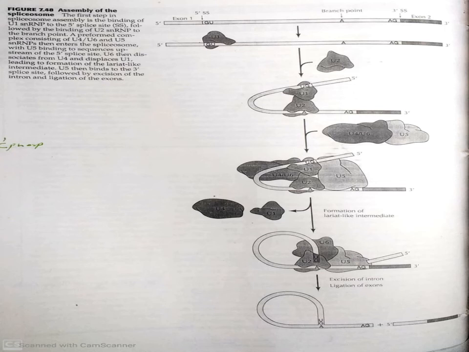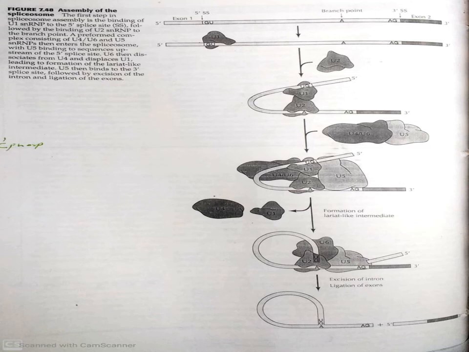First of all, the U1 small nuclear ribonucleoprotein will come and bind with the ligation point between exon 1 and the intron.